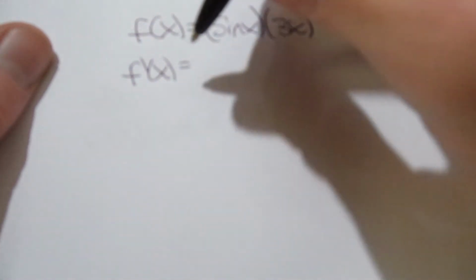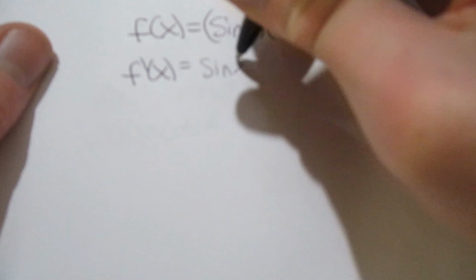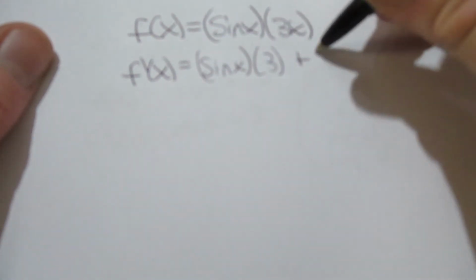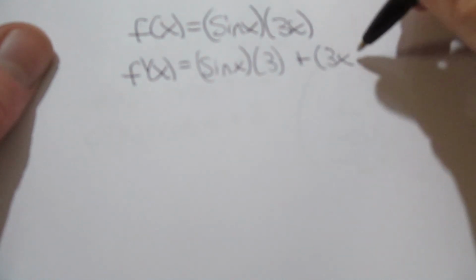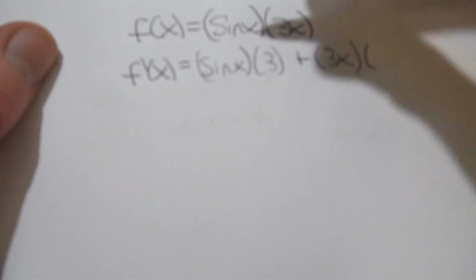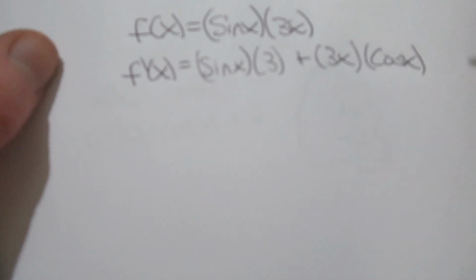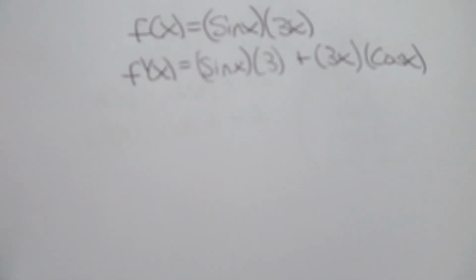So it's the same as any other thing you do. f prime of x equals first quantity, d second, which is 3, plus second quantity, d first, and d first, obviously like that chart I had, it's just cosine x. And of course you can clean that up by foiling, but I'm not going to be doing that because I just want you to get the general rule.